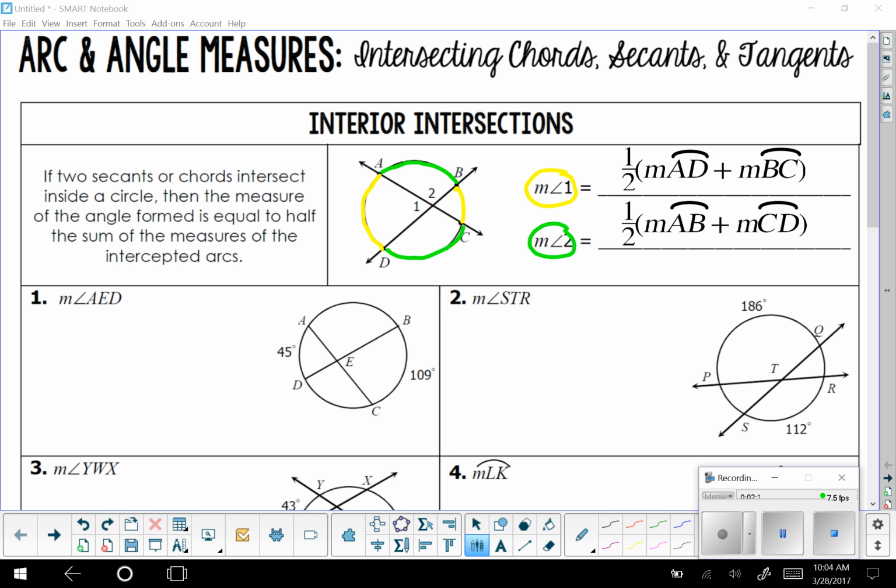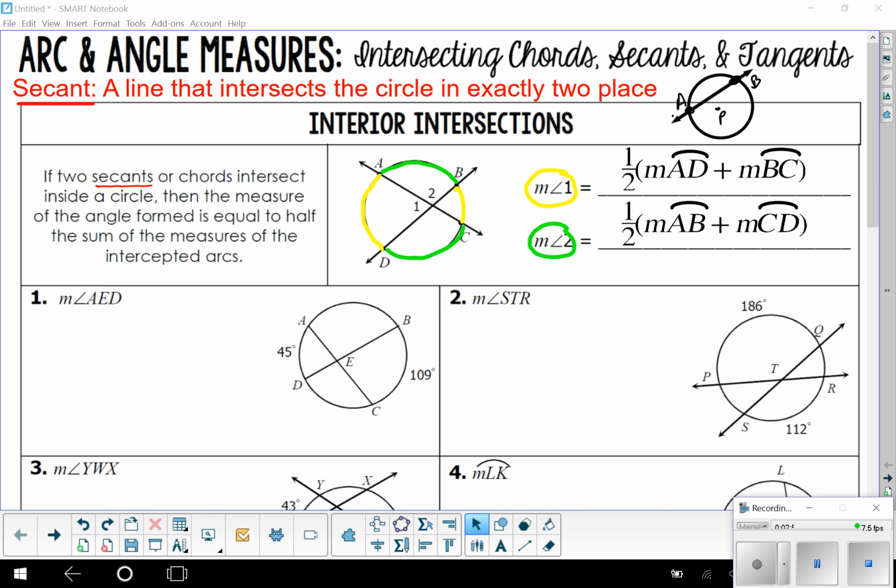So since we're talking about secants, we need to go to the Parts of Circle Dictionary, which is your first page of your notes, and you need to do the definition. So the definition for secant, a line, and actually I'm going to pause the video and write it out so it doesn't take up too much time.